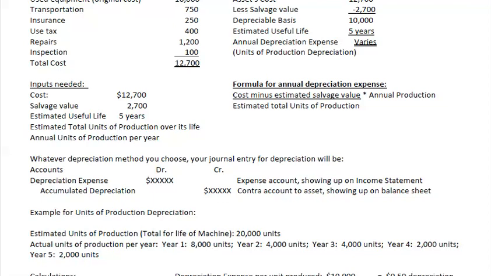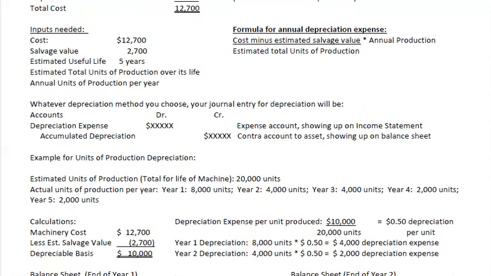Okay, so like I said, to keep it simple, we've got a $10,000 depreciable basis that we're going to depreciate this machine. We're estimating 20,000 units. So we're going to take that cost minus estimated salvage, that's the $10,000 depreciable basis there, divide it by the estimated units of production, which is 20,000, and we're going to get 50 cents per unit depreciation.